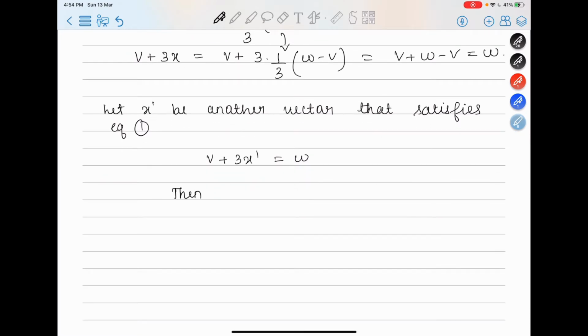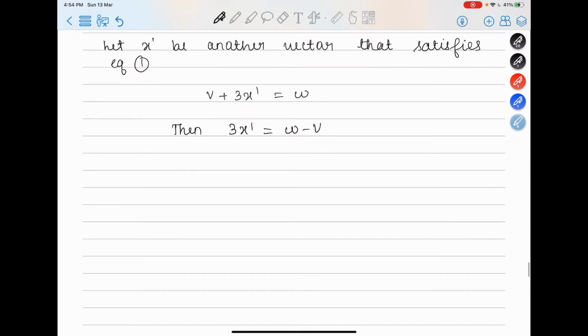Then 3x dash equals w minus v. And similarly, we have 3x equals w minus v. Hence, if I subtract, 3 times x minus x dash equals 3x minus 3x dash equals w minus v minus w minus v, which is 0.